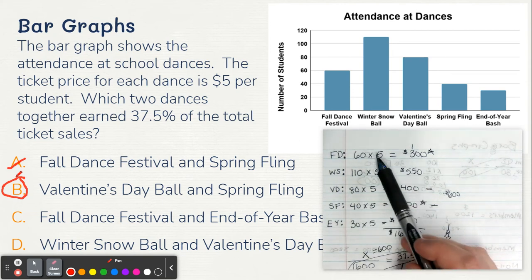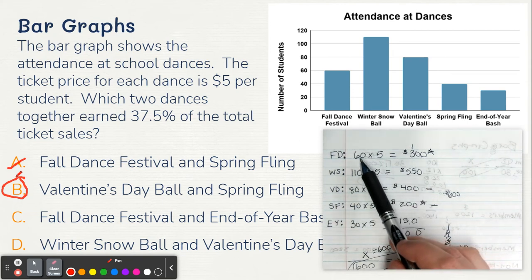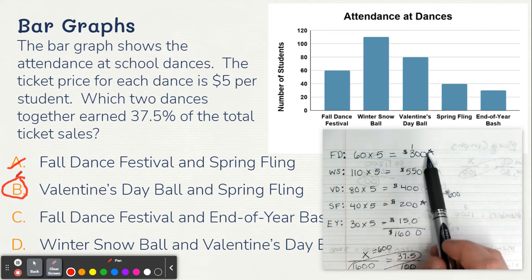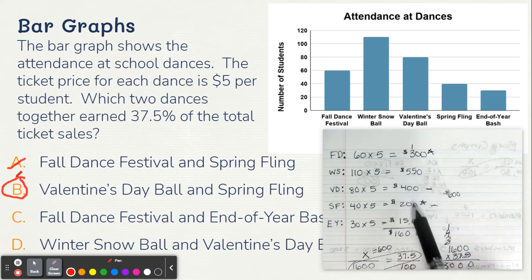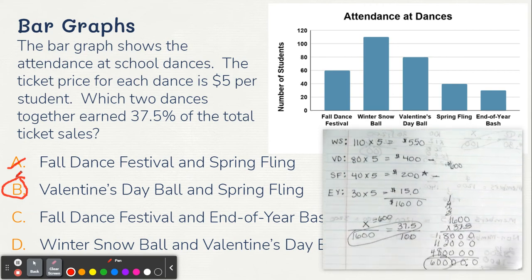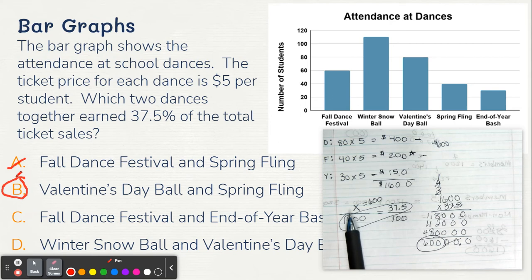Okay, so on this one, it took a little bit of time. We had to figure out what the total was. I needed to take the number that attended each dance and multiply it by 5 to get how much total in sales they did for each of these. So I had to do that 5 times. And then I set up a proportion to see how much in sales that percentage is. I had to add them all together to find the total.